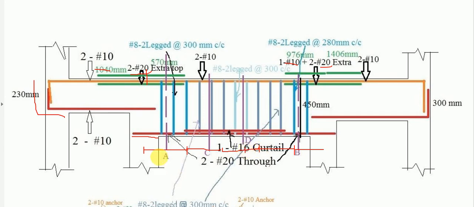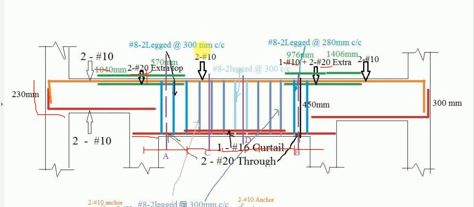These zones are to be mentioned. Now in these zones, purposefully different colors are used so that you can see the difference easily. The first zone is the design shear reinforcement. For span BC, towards its left side we have designed #8 two-legged stirrups at 300 mm center to center, and towards the right it is designed with 280 mm center to center.